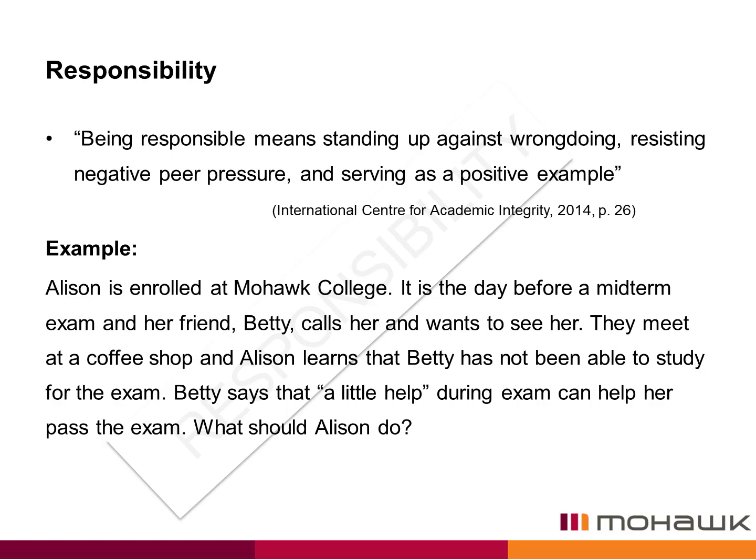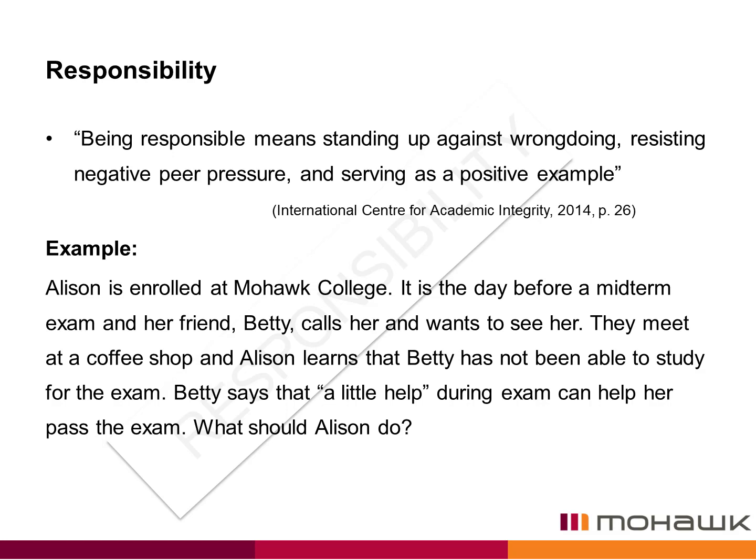It is the day before a midterm exam and her friend Betty calls her and wants to see her. They meet at a coffee shop and Allison learns that Betty has not been able to study for the exam. Betty says that a little help during the exam can help her pass the exam. What should Allison do?